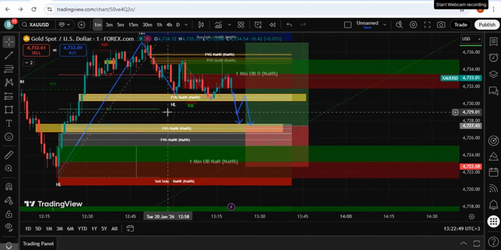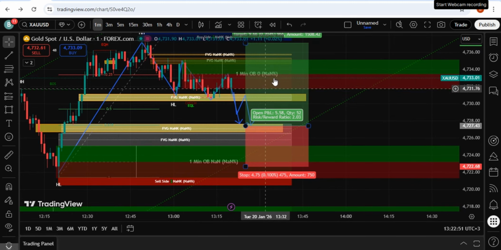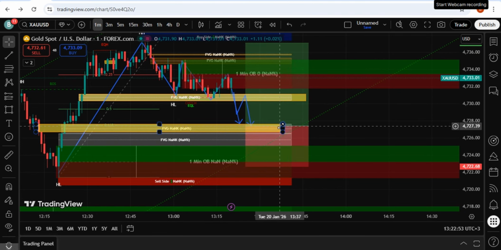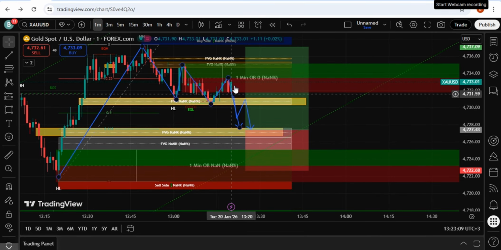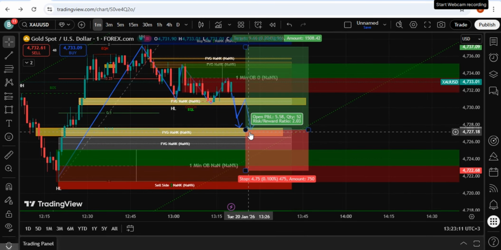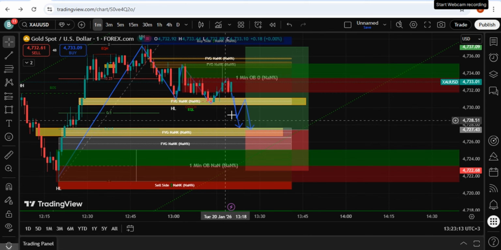But as you can see, the reason I considered this point as my golden zone is because the setup is about to hit our 0.618. So that's a clear position to enter long. Anytime the market comes and hits here, I expect it to bounce back.